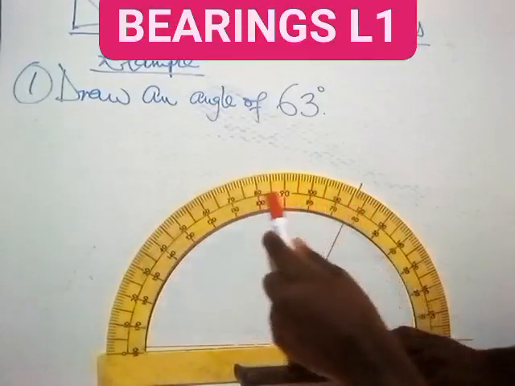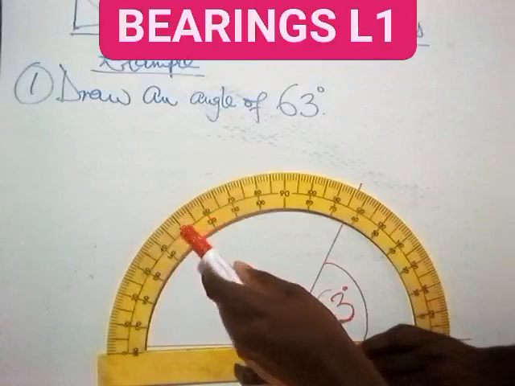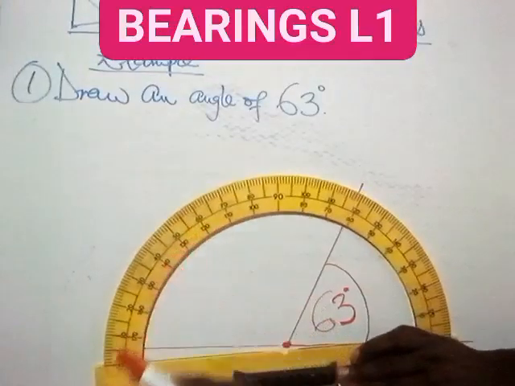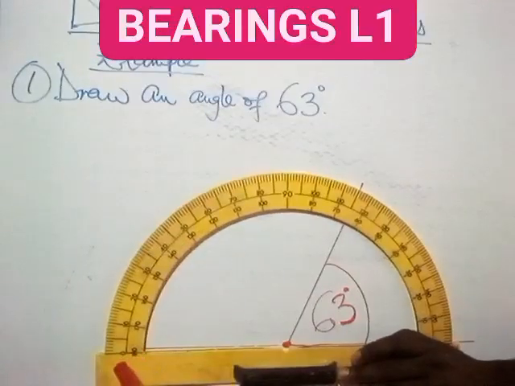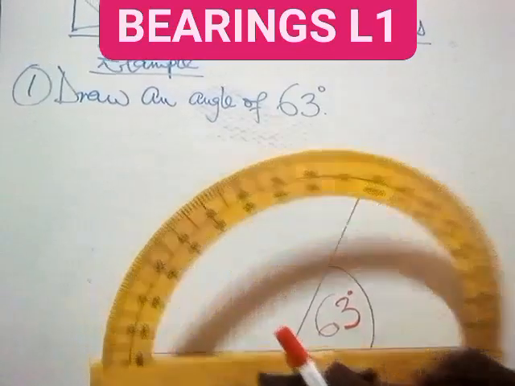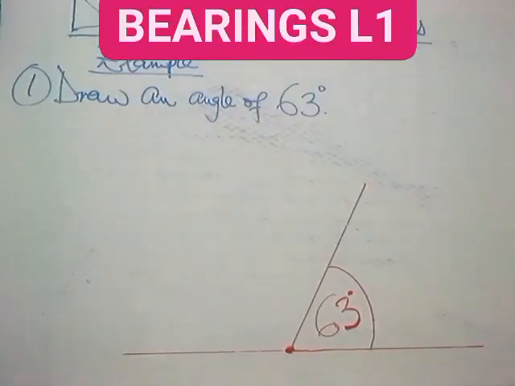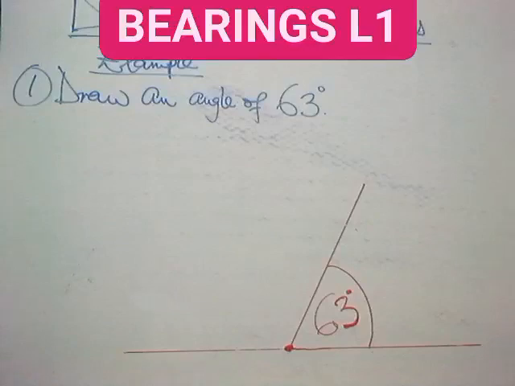I go even up to angle 180, until I find the other line here, meaning angles on a straight line do add up to 180. So this marks the end of our first lesson. We are going to continue looking at what is involved under bearings. Thank you.